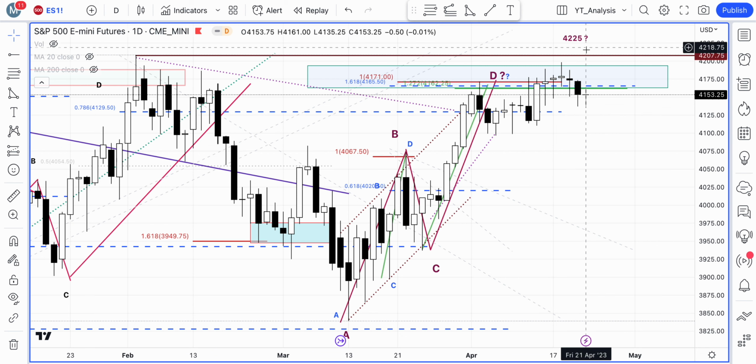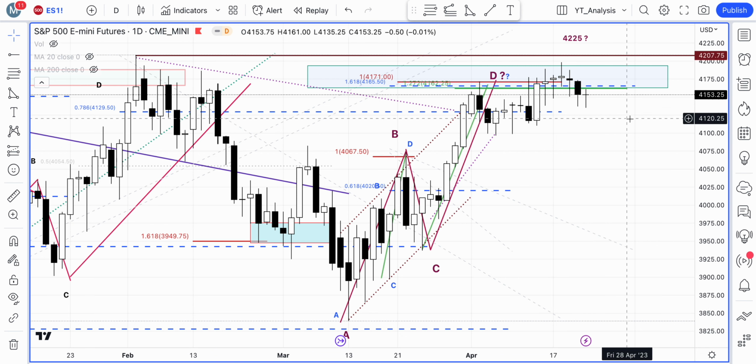From here, for the time being, I do not have any further upside targets. There's a bigger ABCD which could see the S&P 500 reach the 4,500 level, roughly.